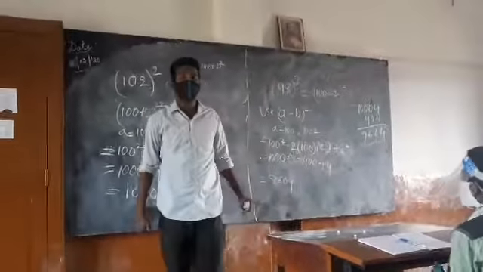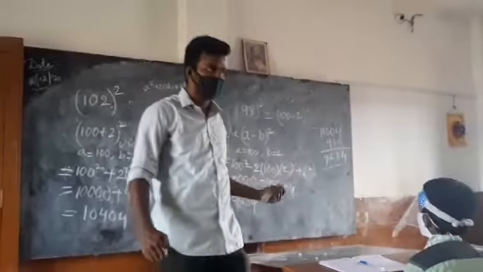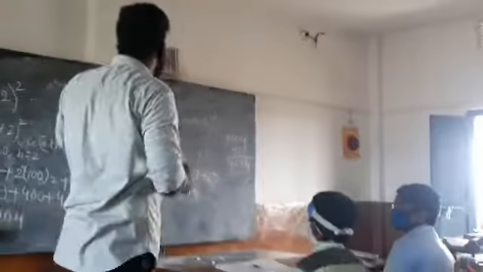Likewise, you are going to apply a plus b whole square and a minus b whole square, and find the results very easily.